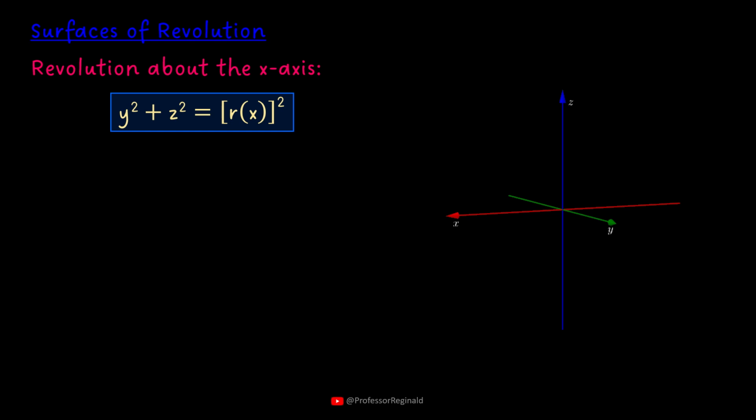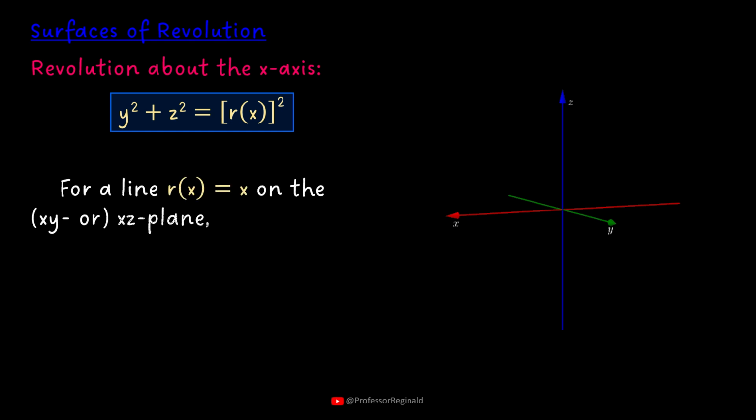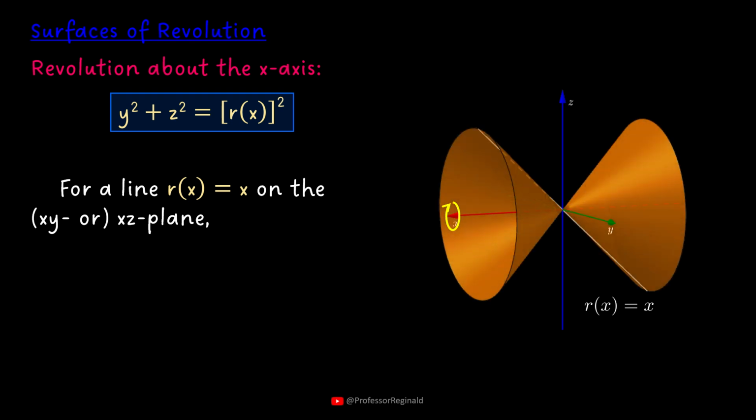As an example, for a line r of x equals x on the xy or xz plane, revolve the curve around the x-axis to generate the surface. The equation of the surface of revolution about the x-axis is the following equation.